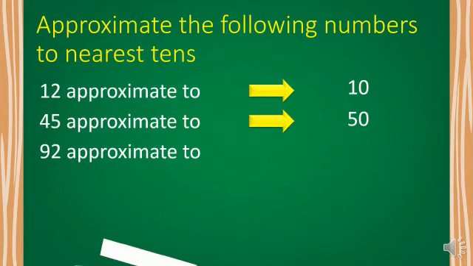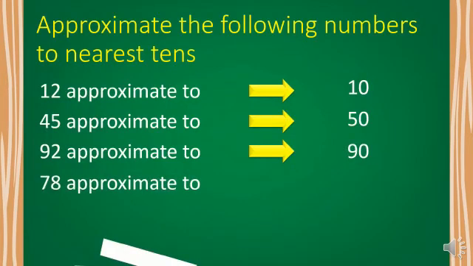92 approximates to... Look at ones. Rich or poor? Yeah, poor. So just ignore. So 92 is nearest to 90. 78 approximates to... Look at ones. Rich or poor? Excellent, rich.